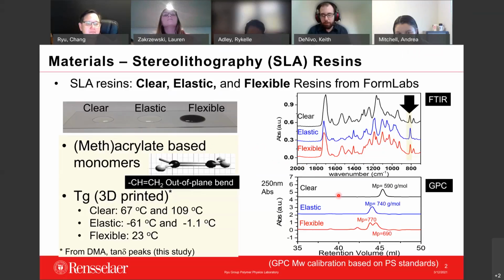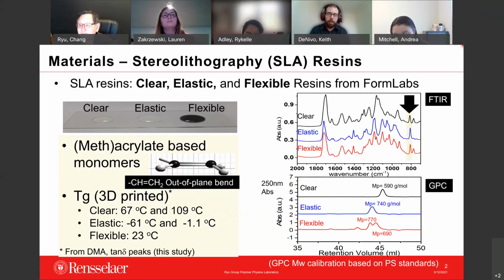We also got their molecular weights from GPC. And we also printed out each sample and we looked at their glass transition temperatures via the DMA. And the clear had sort of the highest Tg and elastic the lowest Tg, which we will see later how that impacts our system.